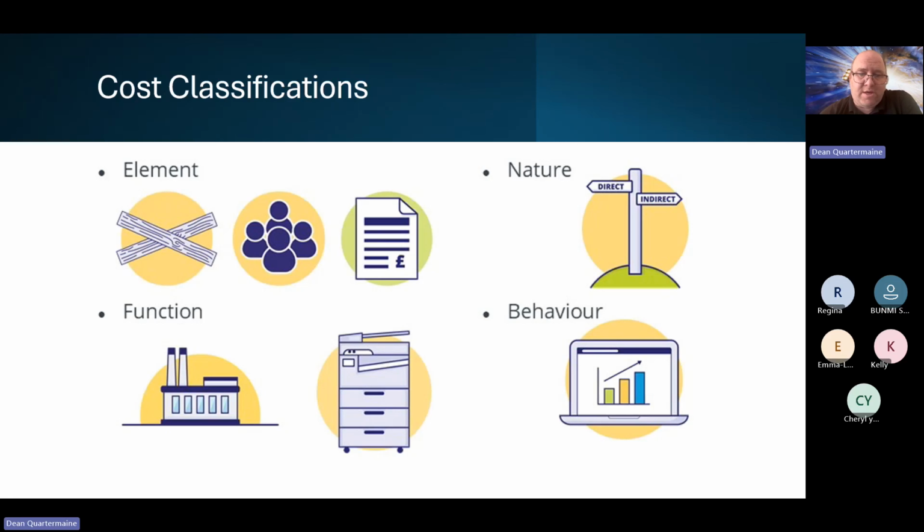Function: we're just splitting the cost by the function. So we've got production overheads or production cost, and then non-production cost or non-production overheads. And then behavior is, are they fixed cost? Are they variable cost? Are they stepped fixed cost, or are they semi-variable cost? So it's the behavior. It's how the costs behave as levels of production change.